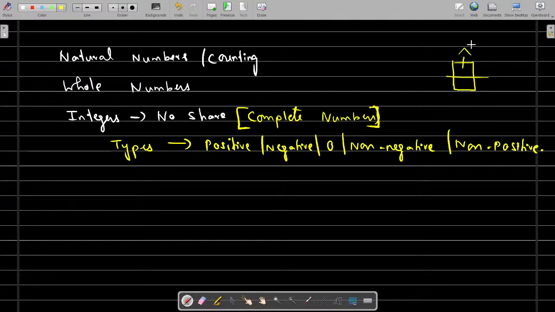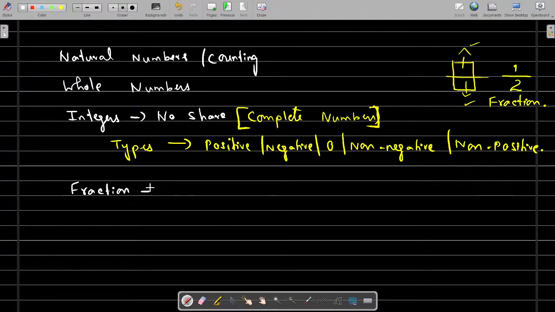This is for you and this is for me. Which means this one cake is divided between two persons, which becomes a sharing number. Then this is not an integer. It is called a fraction. So we are introducing a new term, which is a fraction.